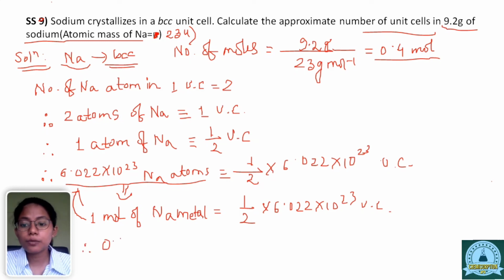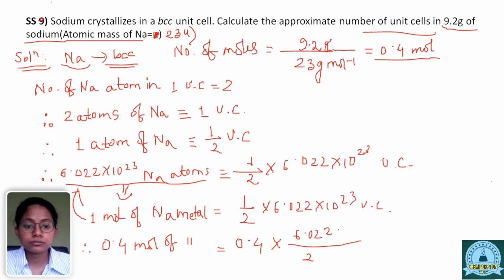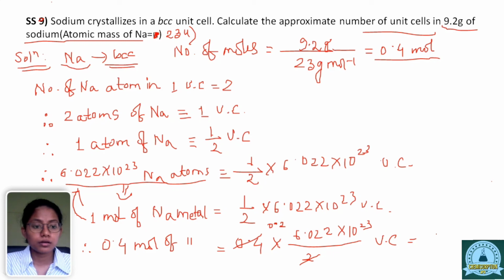Therefore, we have 0.4 mole of sodium metal. So it will be 0.4 into 0.5 into 6.022 into 10 to the power 23 unit cells. So if you multiply it, it will be 0.2 into 6.022, and it will give the value of 1.2044 into 10 to the power 23.